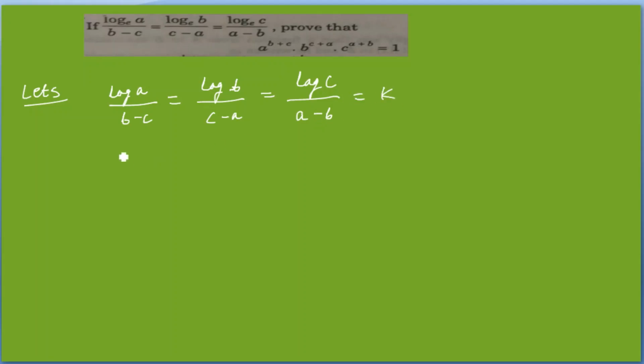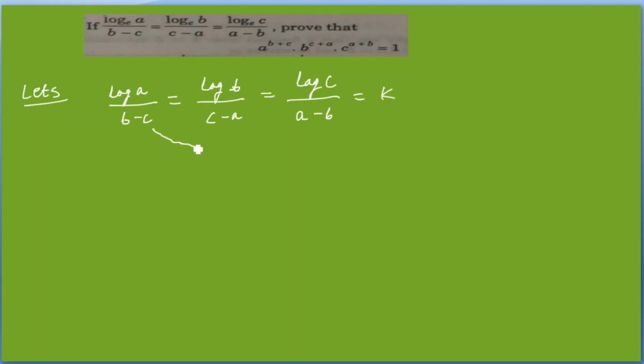So what we will do, we will assume this value is equal to k, as we do in most of the problems. So let's assume log, we will not write e, it is known that it is e here, log b upon b minus c equal to log c upon c minus a is equal to log a upon a minus b is equal to k.